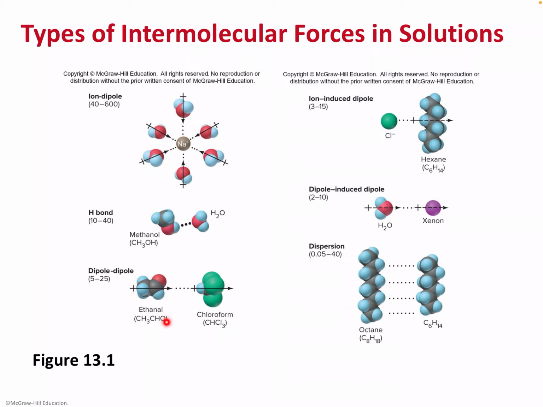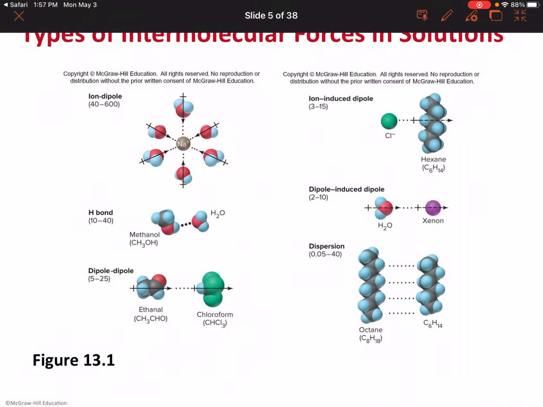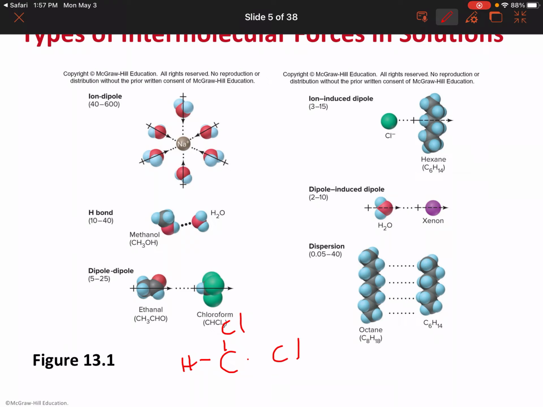Okay. Another type of intermolecular interaction is dipole-dipole. One molecule has a dipole, like ethanal. Ethanal is an aldehyde, and chloroform is CHCl3. In the chloroform molecule, you have one hydrogen and then three chlorines, CHCl3.